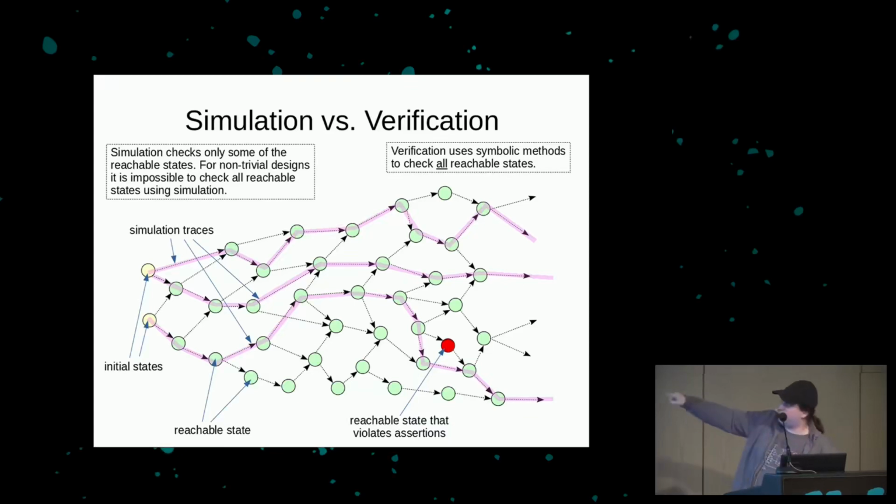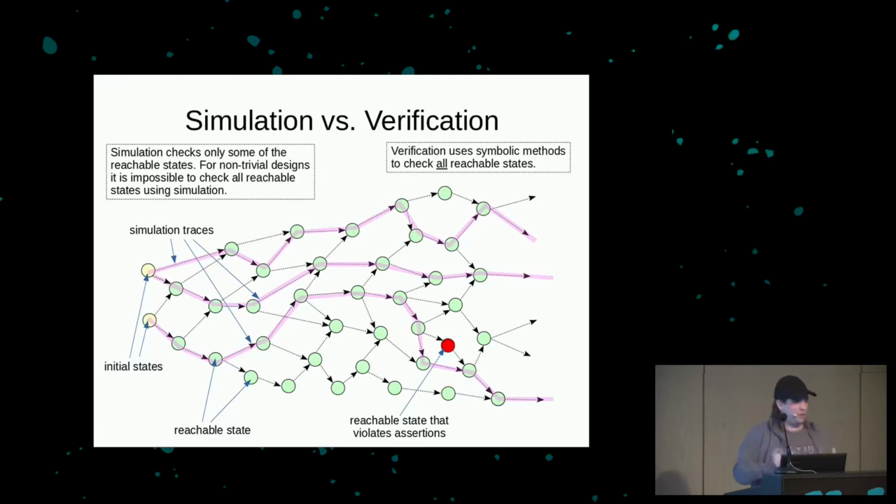And if you just multiply the choices you have at each node on this path, you will realize that you could run 1,000 simulation traces on this really, really small example, and you still only have about 50% chance to get to this one red state that violates your assertions. So random simulation is not really a solution.